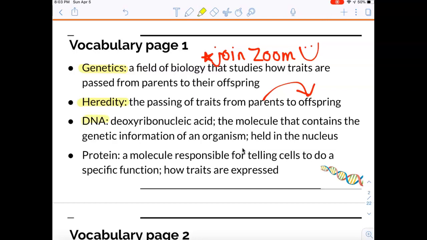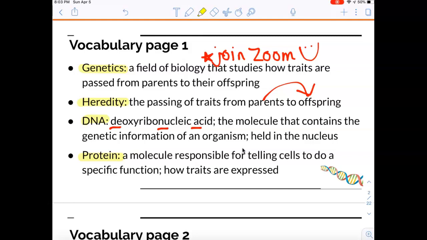DNA, this should be a review. Deoxyribonucleic acid. This is the molecule that contains the genetic information for any organism. It's always in the nucleus, can never leave. Protein, these are the molecules that are responsible for telling cells what to do. And again, these are how traits get expressed.